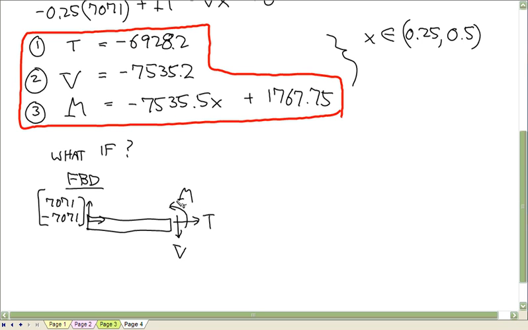Why, like, what's wrong in the thinking here? Yeah, exactly. So there's one set of loads we're not considering. We are considering this external load at 0.25, but there's something else happening.